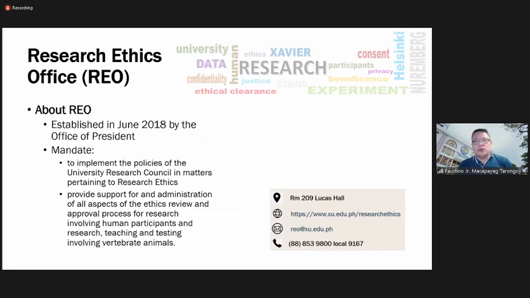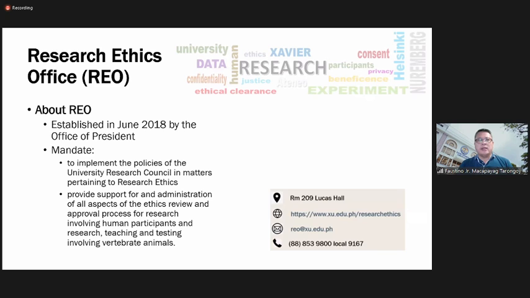The REO is the office that was established in 2018 by the university president to implement the policies of especially the University Research Council, which is the decision-making body in terms of research activities in the university.